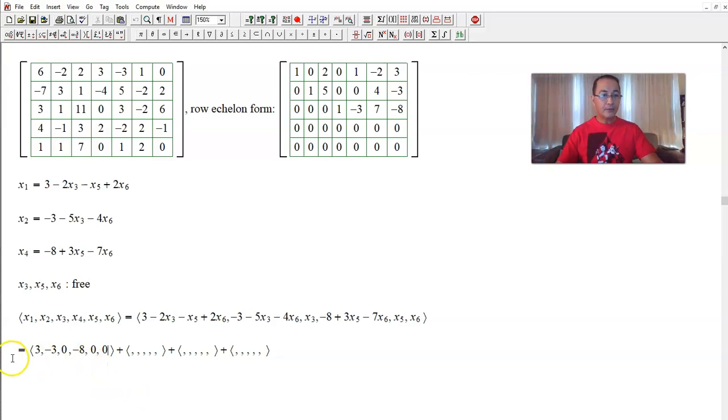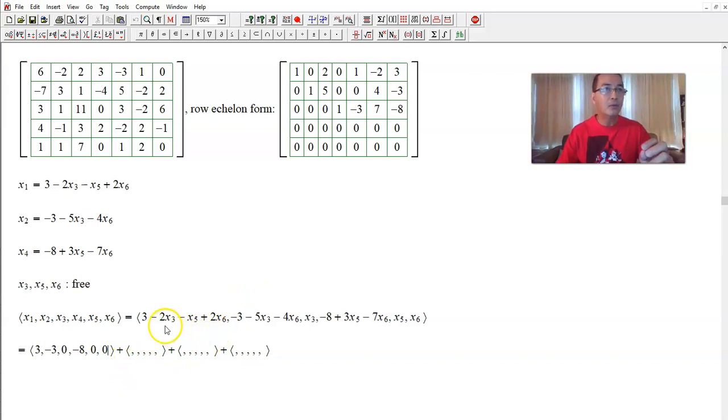Okay, so that first vector is our xp. I hope you recognize it. It would be the solution that you would get if all of the free variables are 0. You will just get x1 is 3, x2 is -3, x3 is 0, it's free, x4 is -8, x5 and x6 both 0. That's our xp, the simplest solution. Why do anything more complicated?